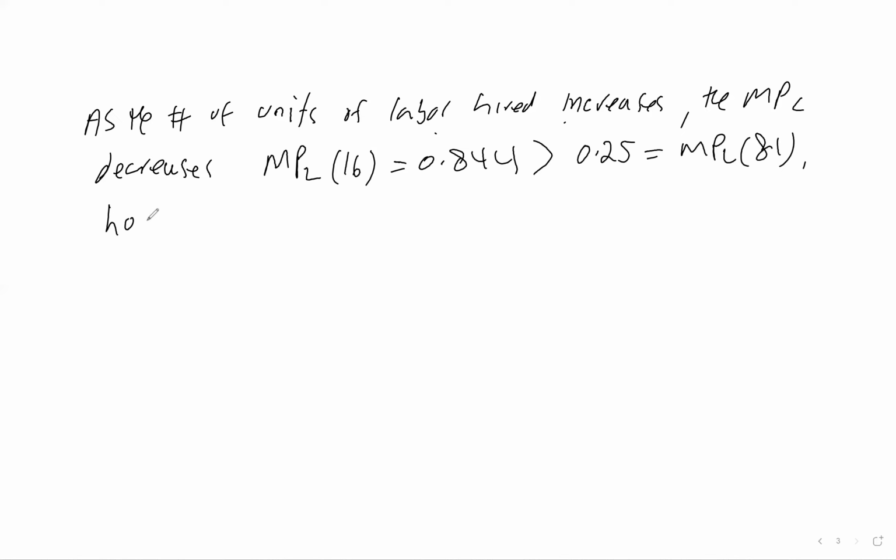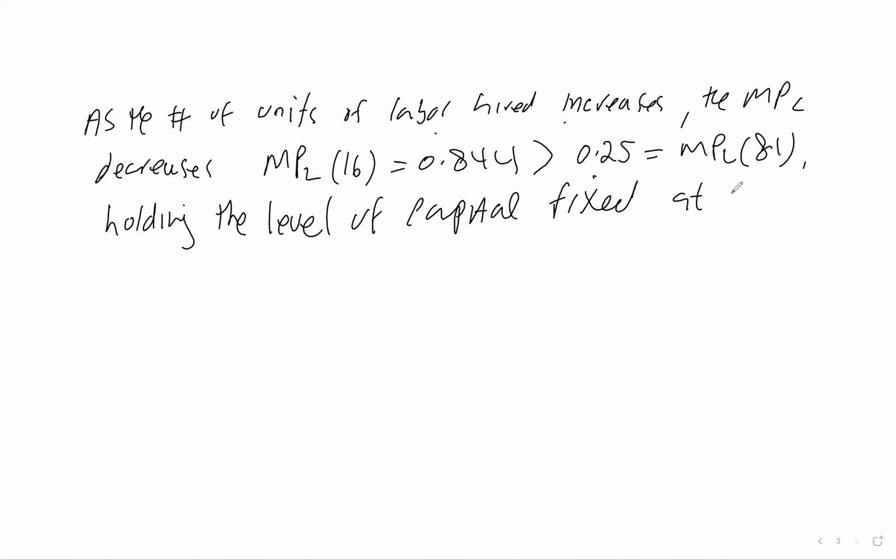And this is holding the level of capital fixed at K equals 81. So this is how you answer this question, and this is how you justify your answer when you're writing the midterm or the exam, and you see this question.